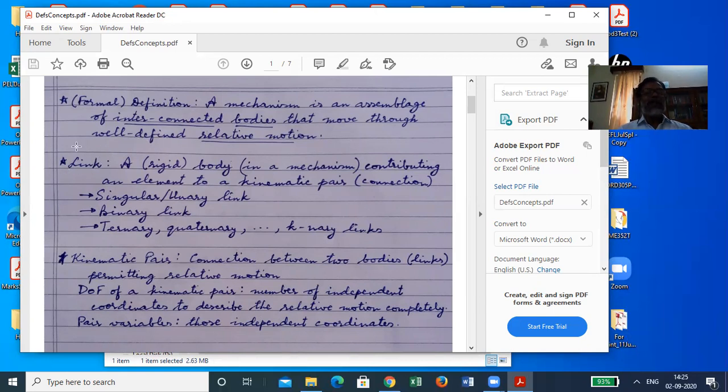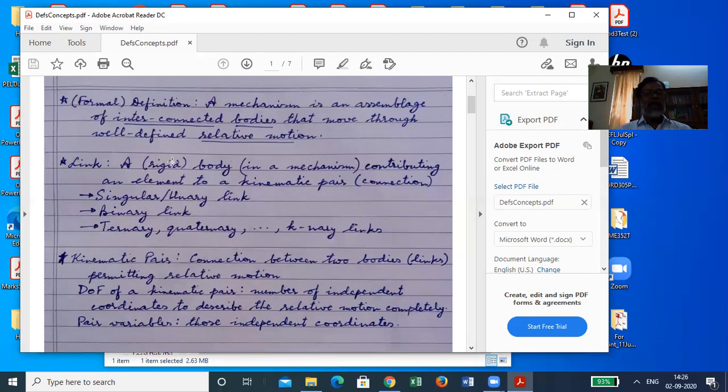Now, there is a term called link. A link is a body in a mechanism contributing an element to a kinematic pair, which is a connection.